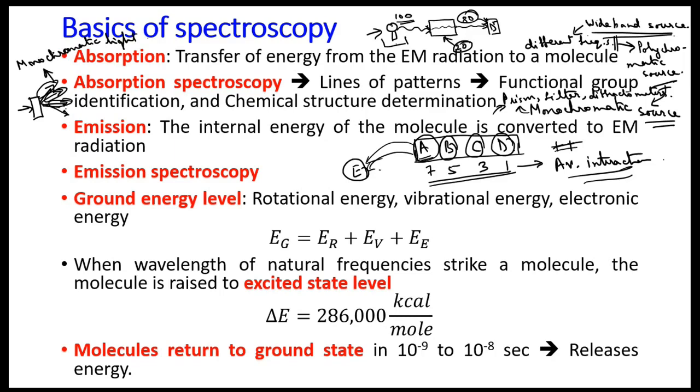We call it monochromatic light, but again it is not possible to get a single wavelength. Using very specialized equipment, we can reduce the bandwidth of the electromagnetic radiation and get a very small band, which we can assume to be monochromatic light.